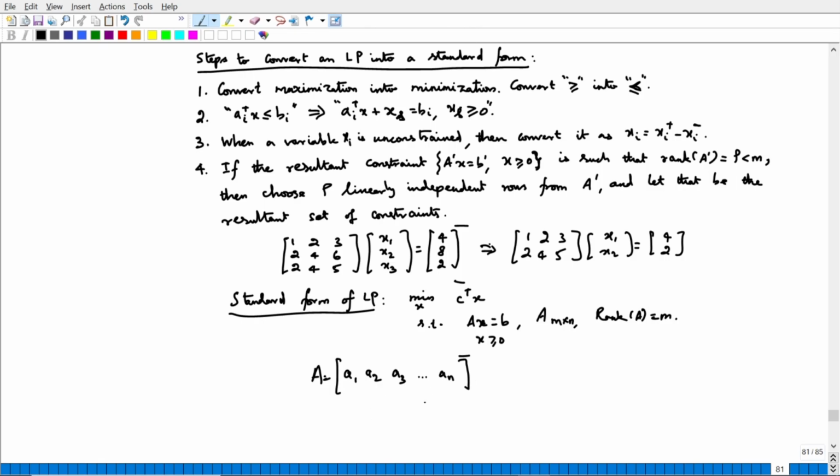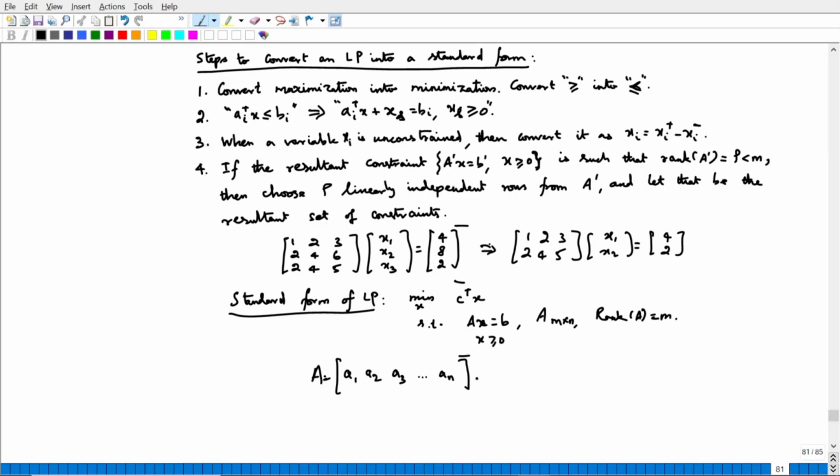So, each of these is a vector. Now let us say that A1, A2, dot dot dot Am are linearly independent. That is just without loss of generality, otherwise you can exchange the columns in such a way that the first m columns are linearly independent. So, let A1 dot dot dot Am be linearly independent.